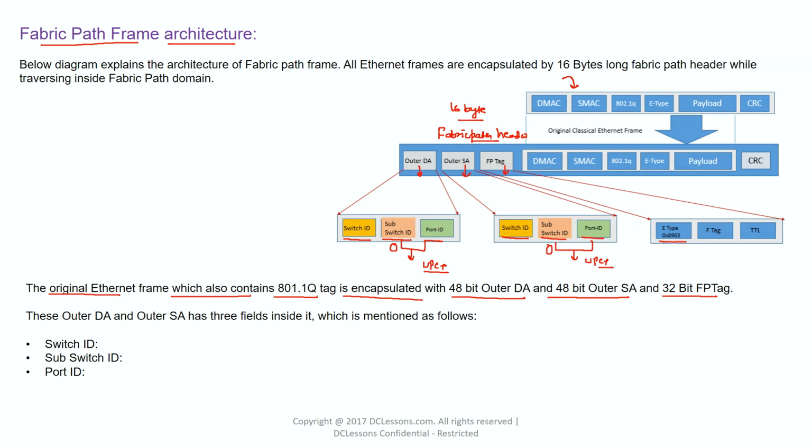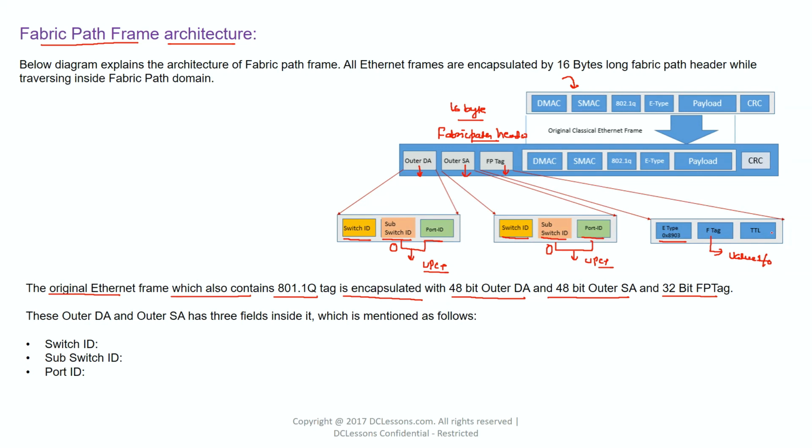E-type will be 0x8903, which indicates that this is not an Ethernet packet, but it is a fabric path packet. The FTag contains value 1 or 0. This tag is used for unknown unicast, multicast or broadcast types of traffic like ARP request or ARP reply, right?